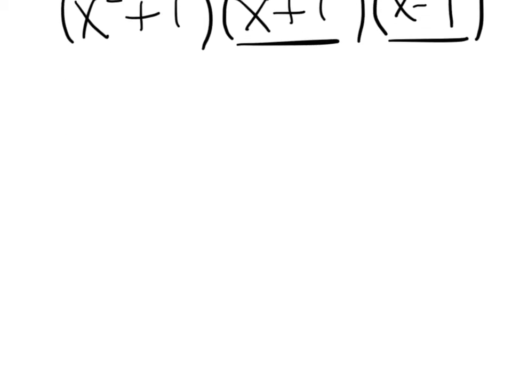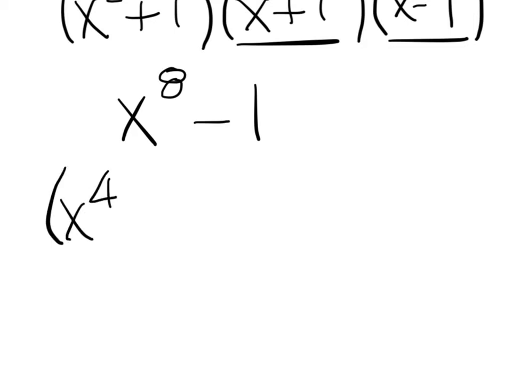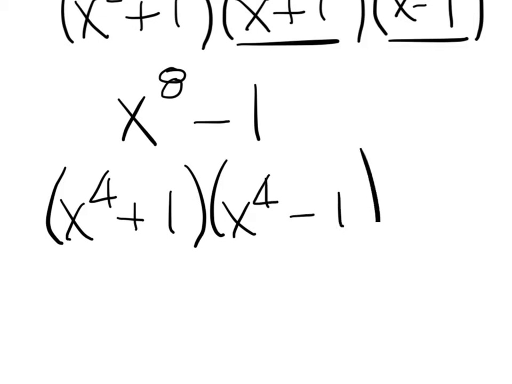Sometimes you could have this, like an x to the 8th minus 1. The square root of x to the 8th is x to the 4th. So x to the 4th plus 1, x to the 4th minus 1. You cannot do anything with this. It stays.